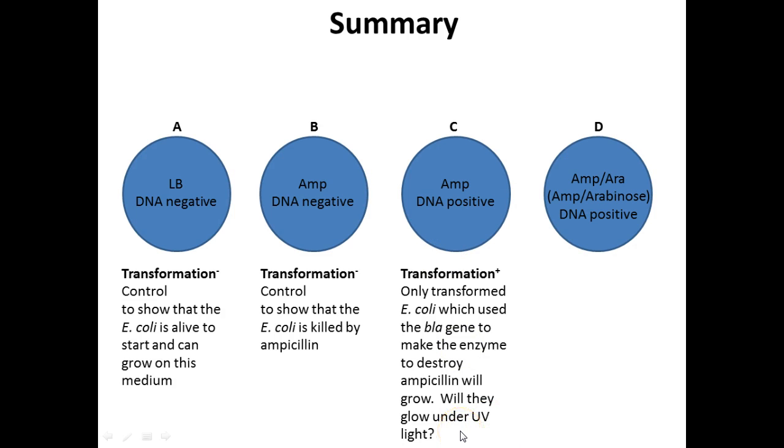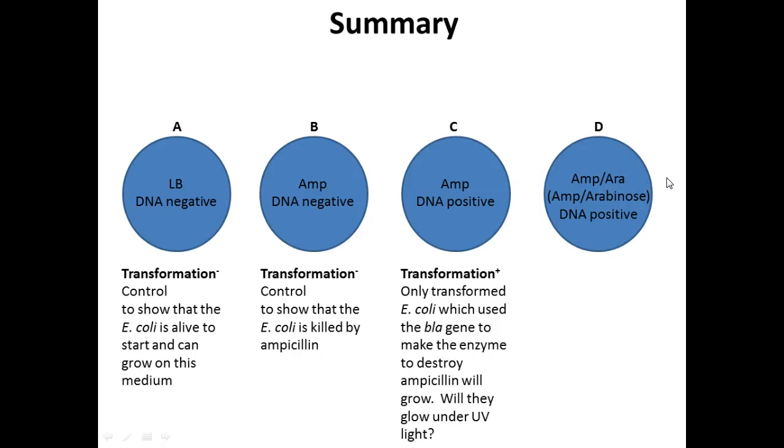Will they glow when we shine UV light on them? No. Because what do they need to glow? Arabinose. Does this plate contain arabinose? No, just ampicillin, right? So the next plate, our last plate, contains ampicillin and arabinose.